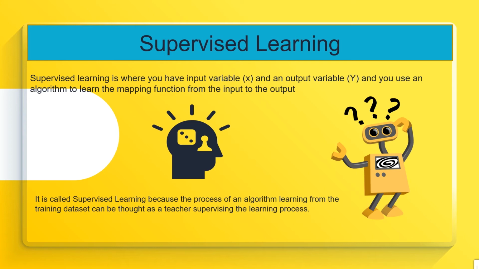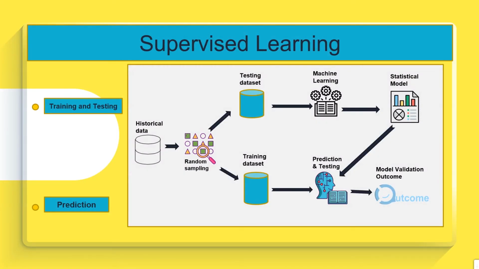If we have a look at the supervised learning steps, or rather the workflow, as you can see here, we have the historic data, then we have the random sampling. We split the data into a training data set and a testing data set.